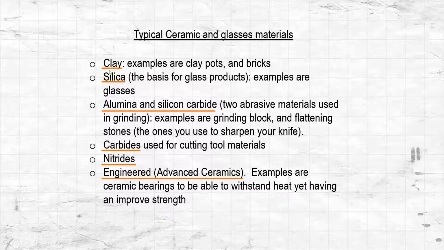We have clay, we also have silica, which is the basis for glass products, and we also have alumina and silicon carbides, two abrasive materials used in grinding. The typical example here is the grinding block and flattening stones. That's one type of ceramic materials. Other types are carbides, nitrides, and engineered or advanced ceramics, like for example the ceramic bearings.